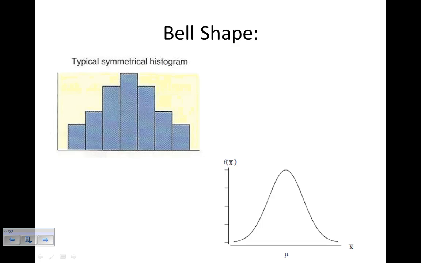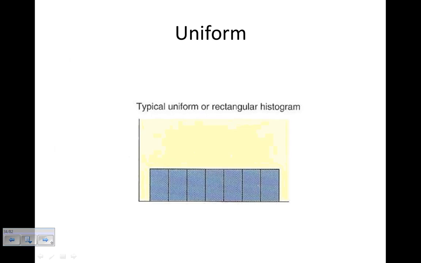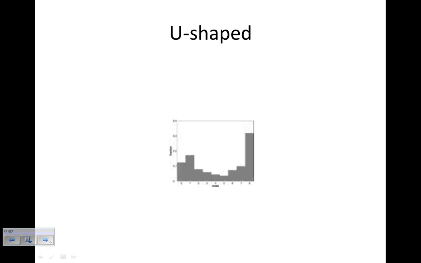So here, again, if it's roughly symmetric, then it's going to be a bell shape. Uniform, so if they're all nice and even with each other, then this is uniform. U-shaped, so here you can see it goes up higher at the ends and you kind of got a U shape going on.